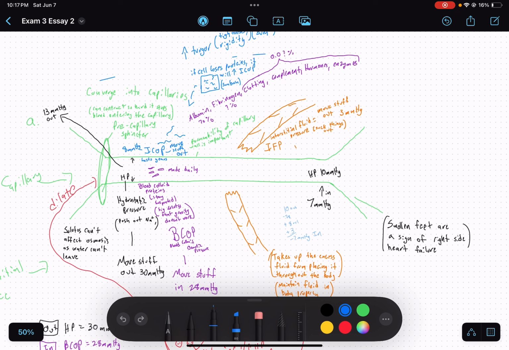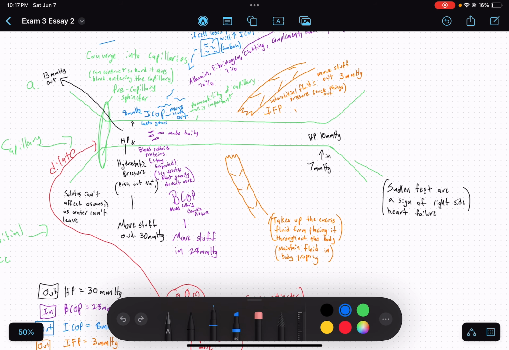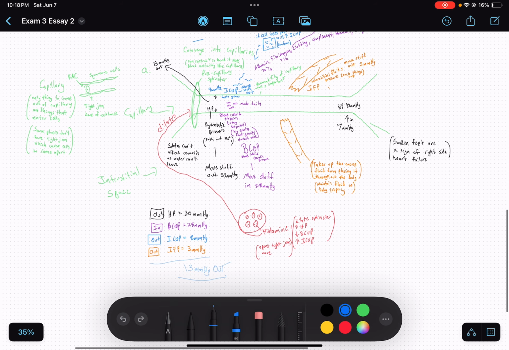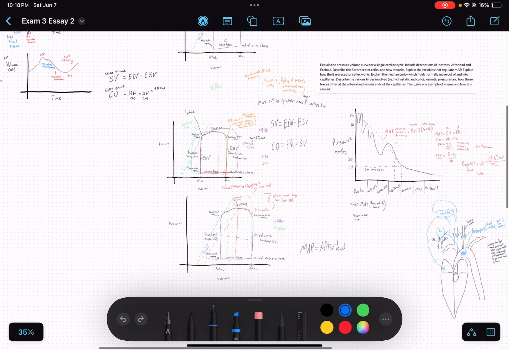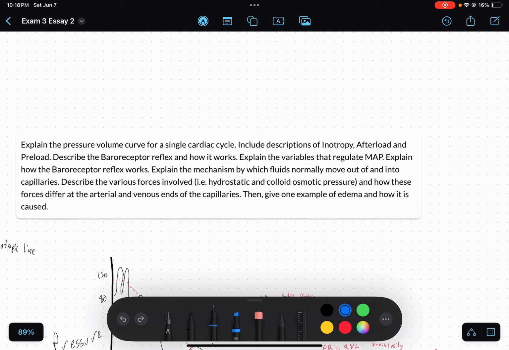And so continuing with this, we talked a little bit about what's going on here and how things are moving. Now we're going to talk a little bit about edema, which is what it wants us to talk about right here.